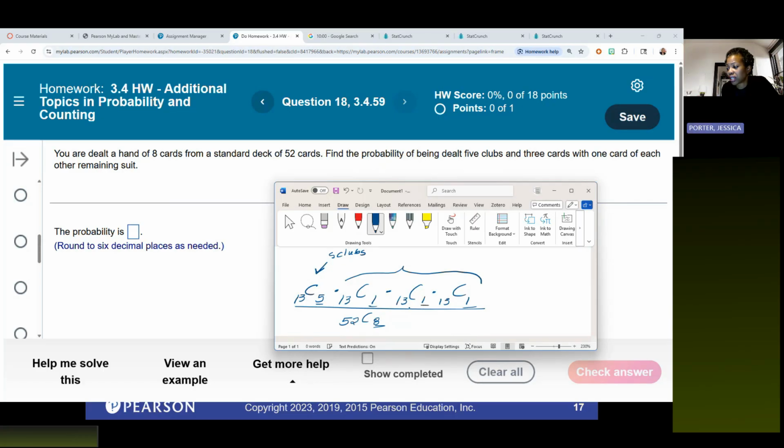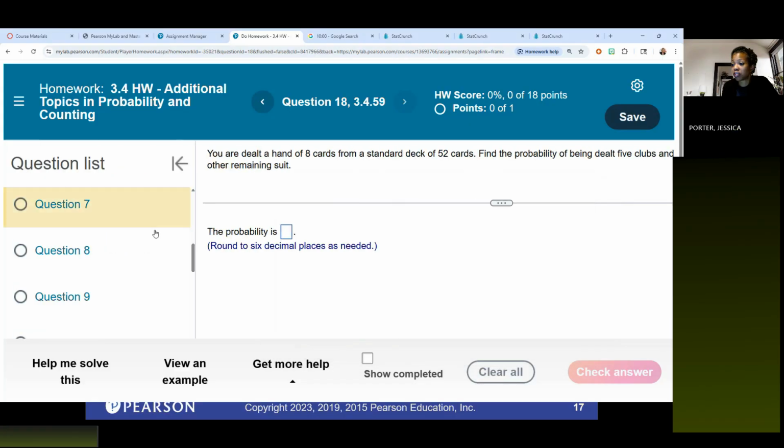And then 13, 13, 13, 13 is 52. And you would put that in your calculator. Okay. Let me see if there's any more I want to look at before we move forward to something else.